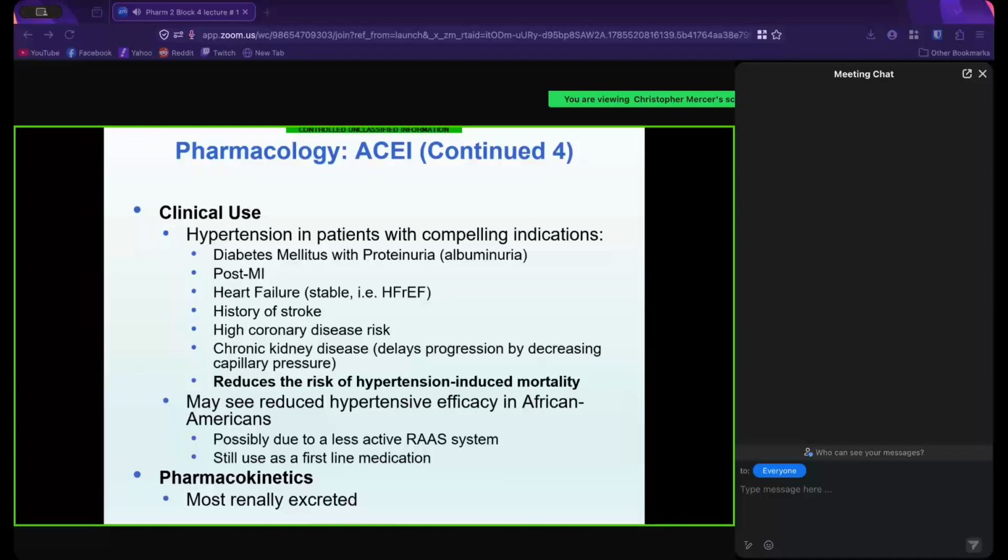When we talk about the kidney specific, the ACE inhibitors are renally protective, they are, but you still need to be looking at your BUN, your creatinine. We talked about the lab work. Same thing when you're getting your diuretic. If you're on a diuretic, you're going to get the labs. You're also going to have that same response with the ACEs. So you're going to get those labs as well.